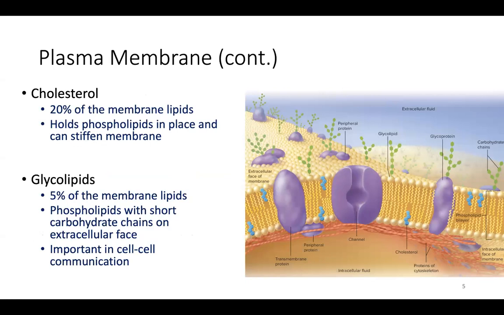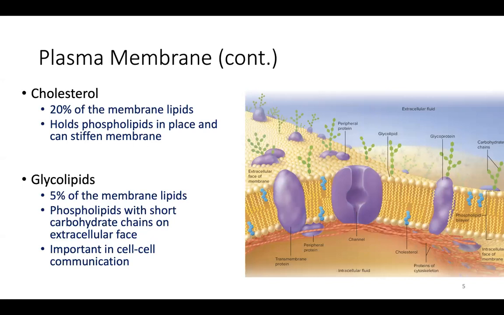You see these little four ring chains here, those are the cholesterol molecules. They're sort of interspersed into the plasma membrane and they help keep the phospholipids in place. The phospholipids still move around a little bit, but the cholesterol really helps them stay a bit more stationary.